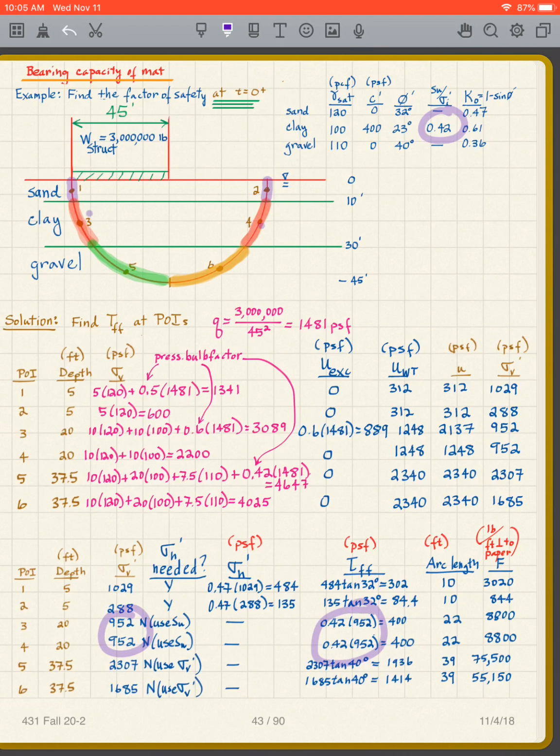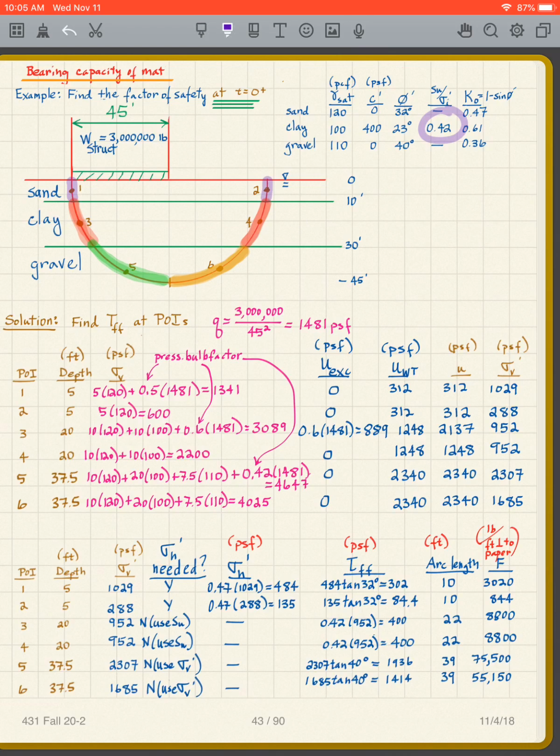In other words, there's no consolidation that has gone on because we're assuming that the building is put down instantaneously. So we haven't changed that. We have not changed the soil strength in the clay due to putting in the building. So I get 400 for both of those, and they're both at the same depth, right? The 3 and 4 are at the same depth. So they're both going to have the same strength.